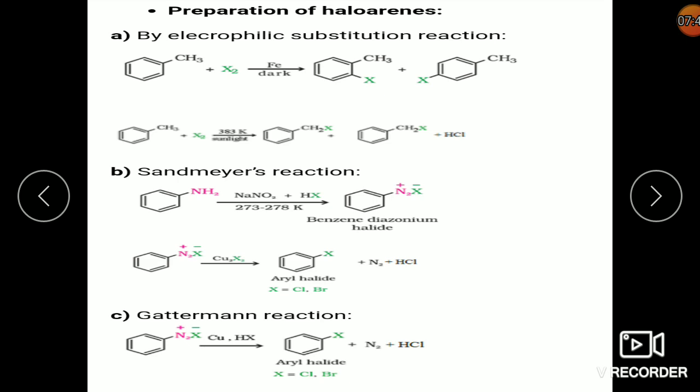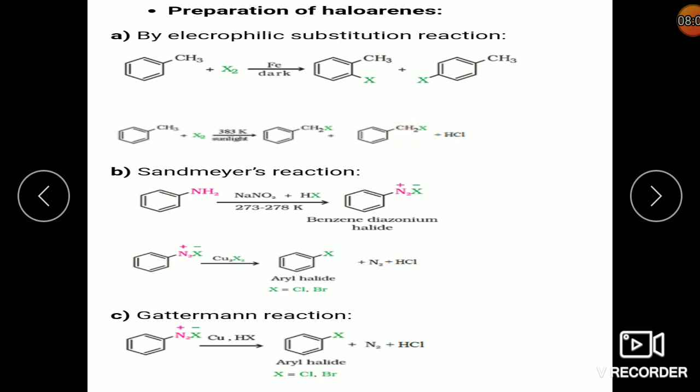The same reaction you can carry out with toluene and halogen, but in presence of sunlight. In that case, you will get benzyl halide. That means here you are getting haloarene, but in this case you are getting haloalkane.